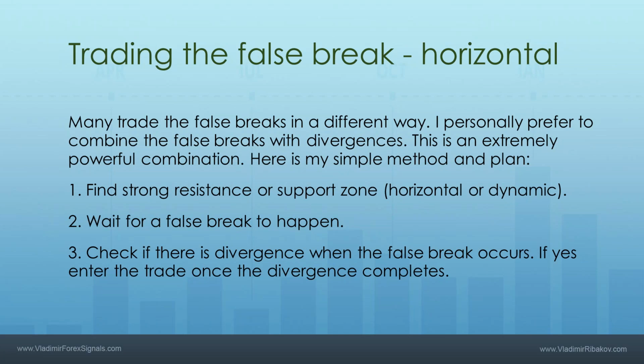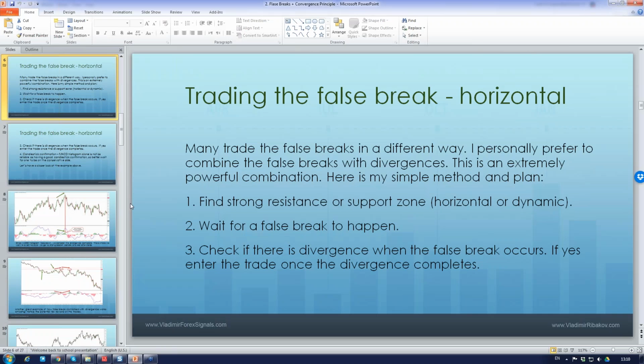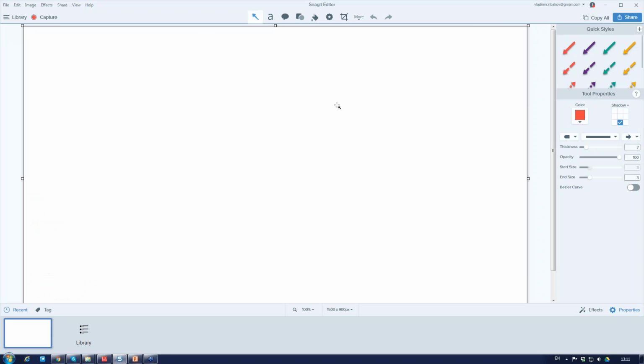So there are two types of false breaks, horizontal and trend line. Before we move on to that part, I want to repeat once again the part that I showed you in our first webinar, and this part is called the 2 candles principle.